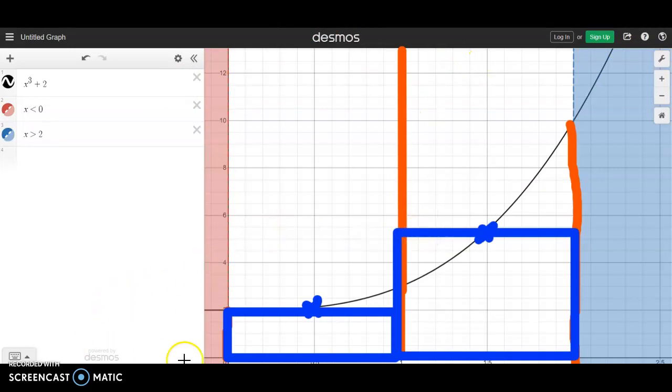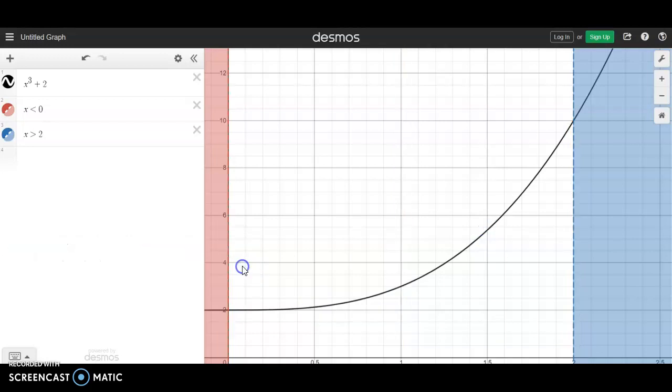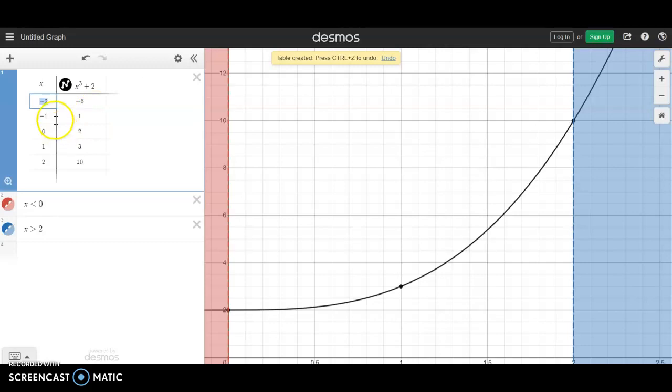Basically, I probably should have done this earlier: we find the height at each of the midpoints, 0.5 and 1.5. These were our midpoints we found.